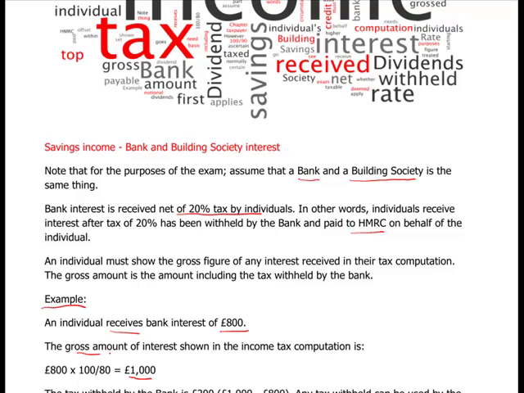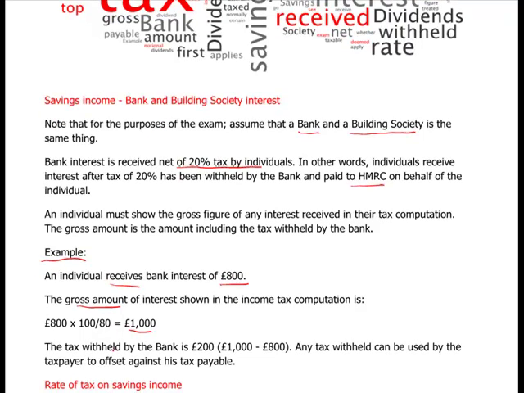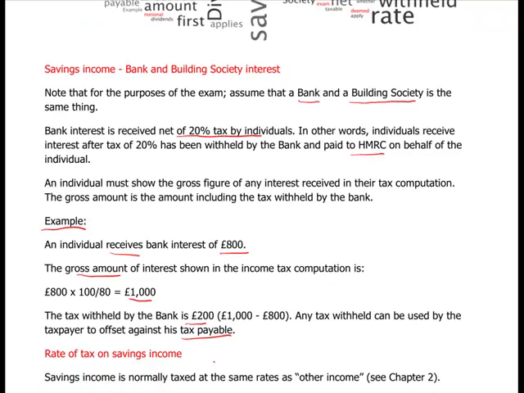You've got to watch for the difference, because in your computation for income tax you must put things in gross. Now clearly the tax withheld by the bank is 200. That can be used to offset your tax payable after you've calculated your tax liability. Tax liability is your total tax due. Okay, so in the exam, watch for that.